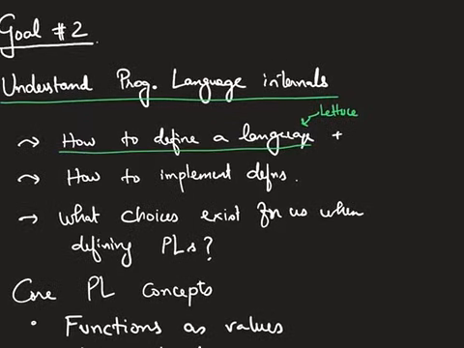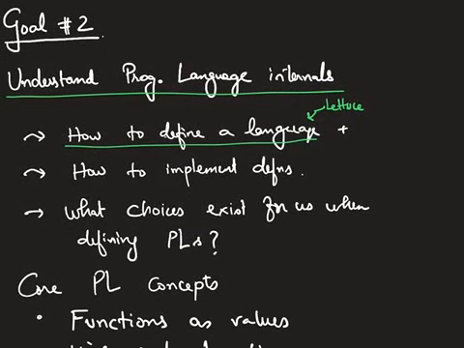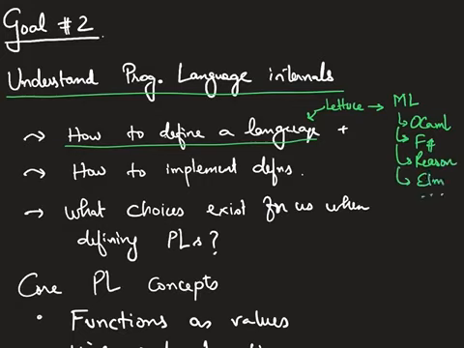And Lettuce is going to be a toyed up version of a family of languages called ML, of which there are very popularly used languages like OCaml, F# from Microsoft, Reason from Facebook, Elm. There is a bunch of these languages, SML-NJ, the New Jersey version of SML, standard ML. These belong to a family called the ML family.